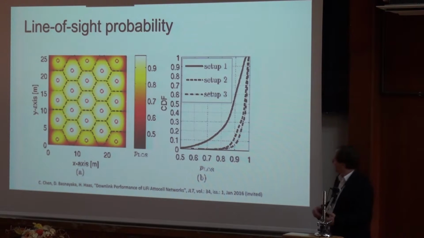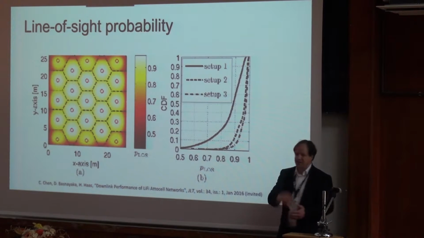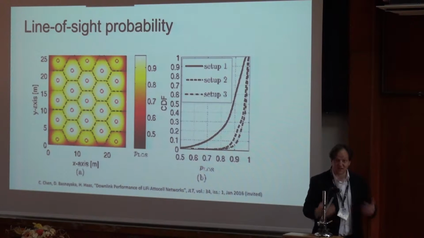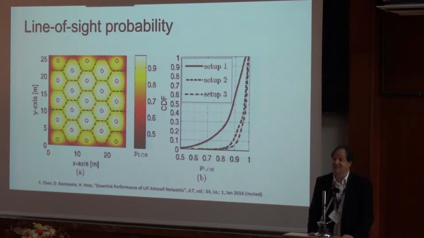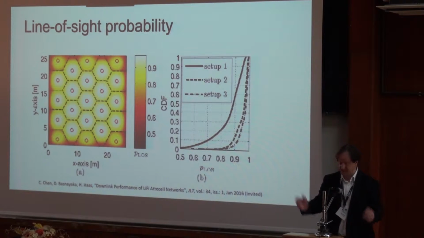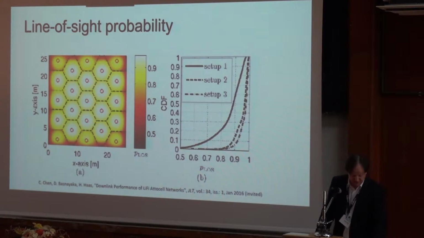So it's important to recognize that with 90% certainty, the probability is greater than 90%, which is a strong message of creating a very high chance of getting a line of sight with a light link in a scenario like this one. And that's very important to recognize.